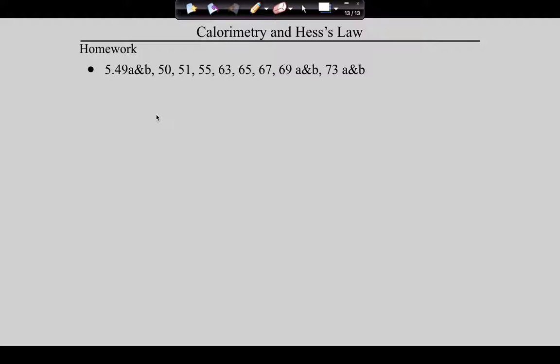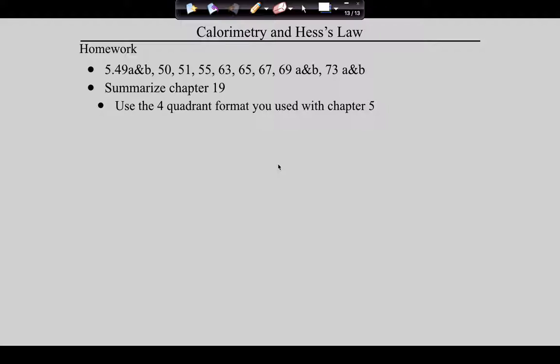Did you get to write them down? But then, guys, in addition to that, what we're also needing to look at, and I'll explain how we're going to chunk this in a second, is that it's time to start thinking about summarizing chapter 19. So write it down and then we'll talk.